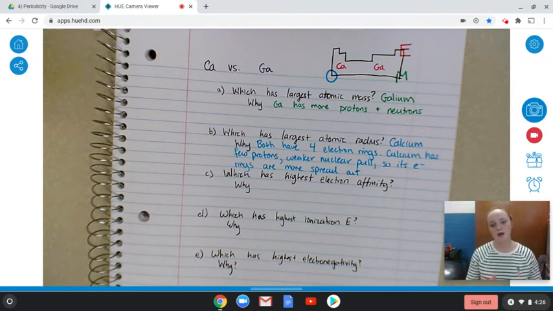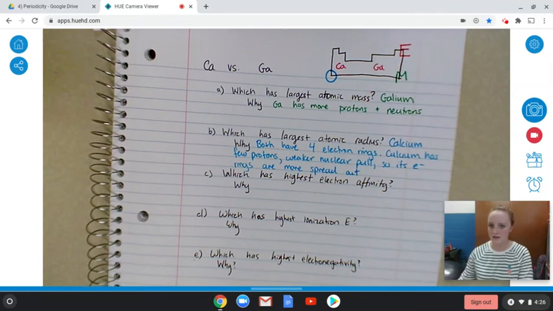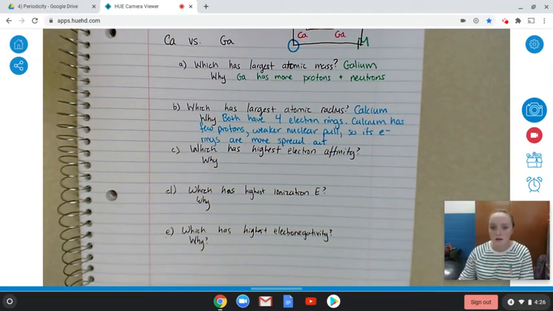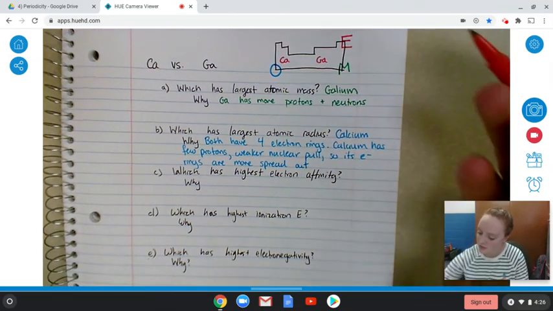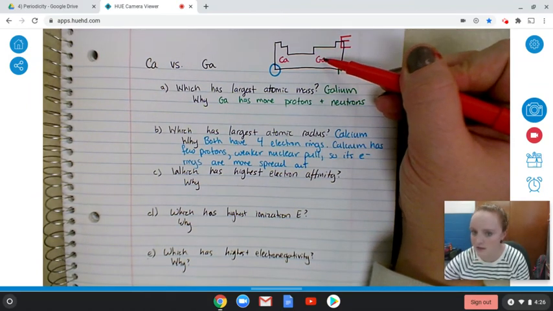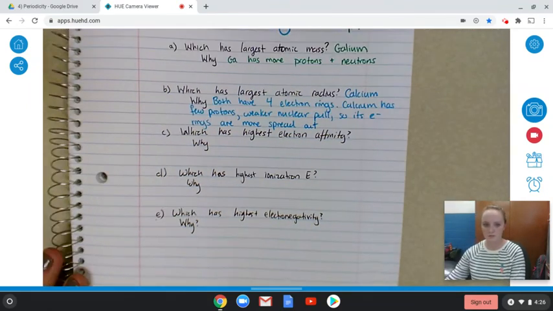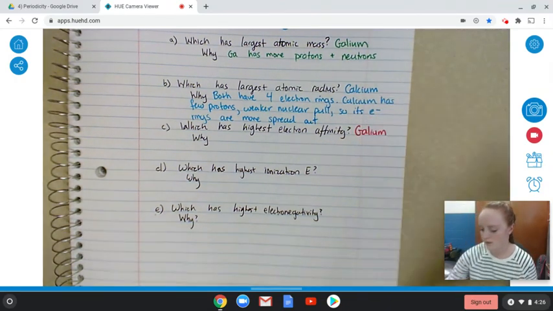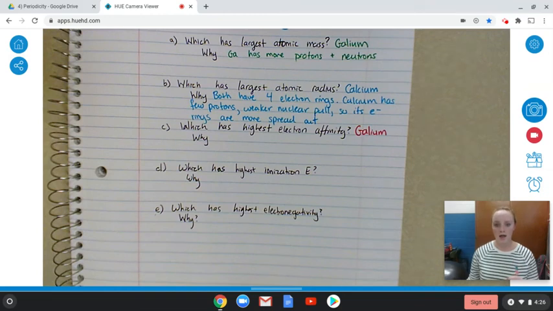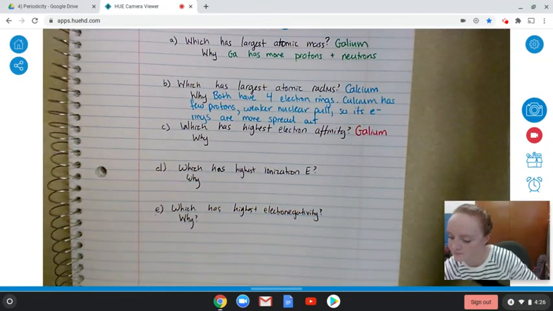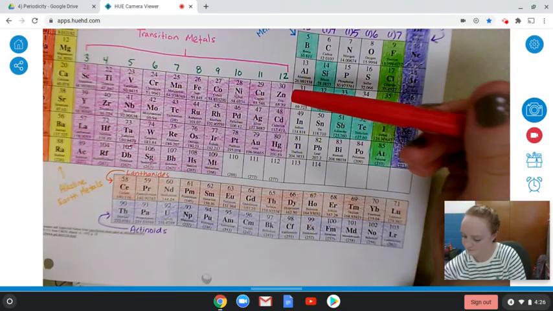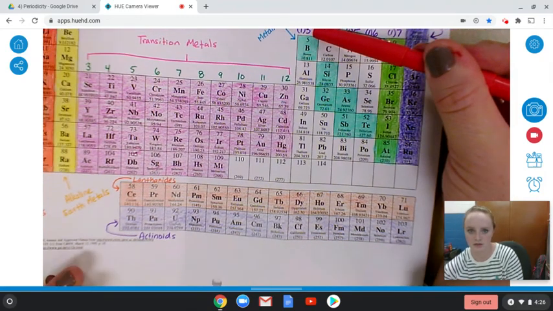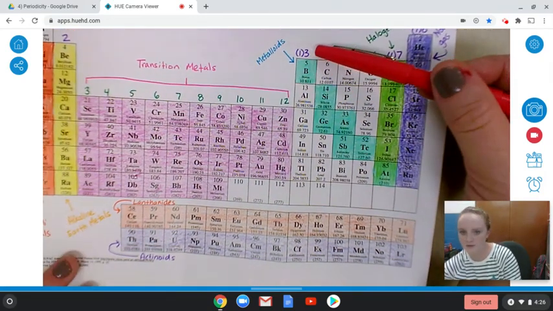And now into our new trend. Which has the highest electron affinity? Well, my problem solving doesn't change. Gallium is closer to my extreme, so gallium is going to have the higher affinity. Why? This is where we have to go back and know our definitions. Gallium is in column 13 or column 3, so it has 3 valence electrons.